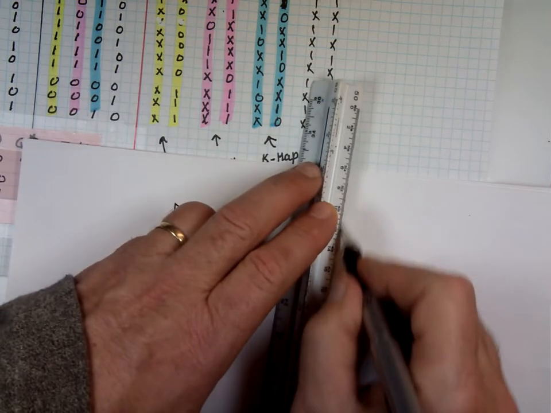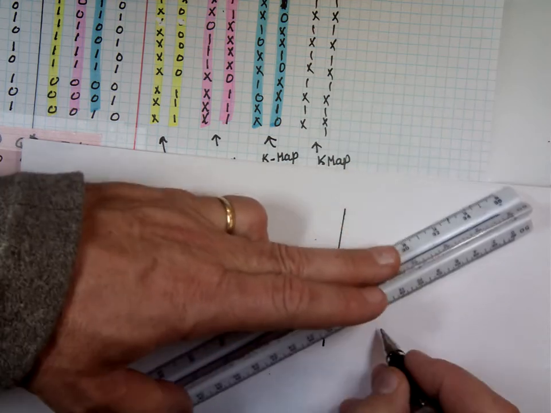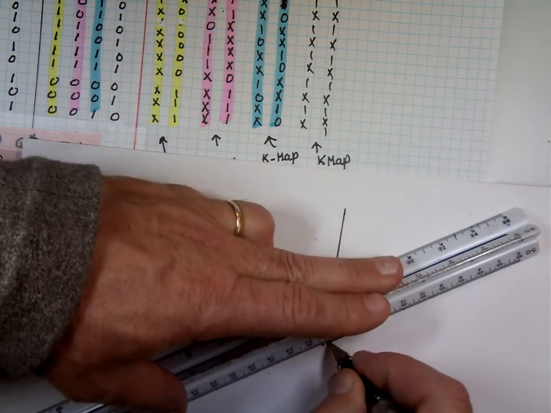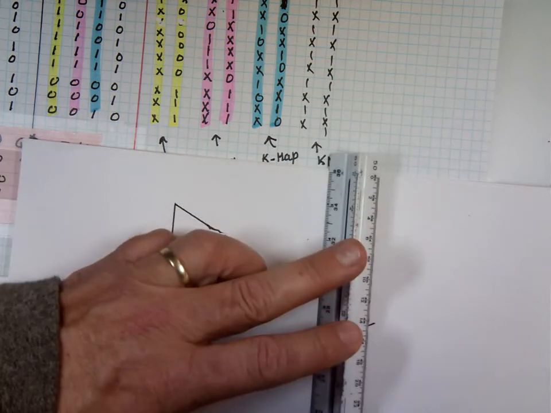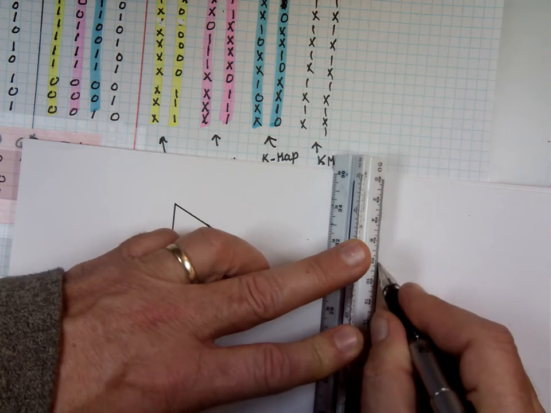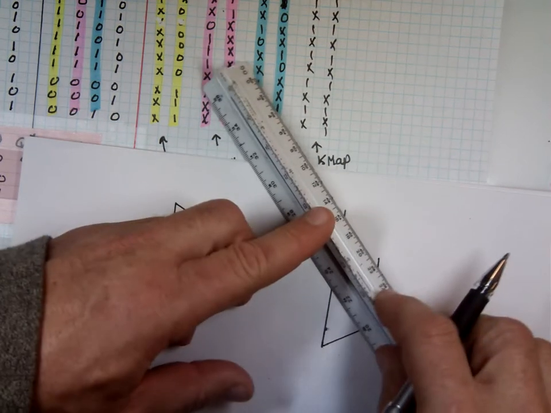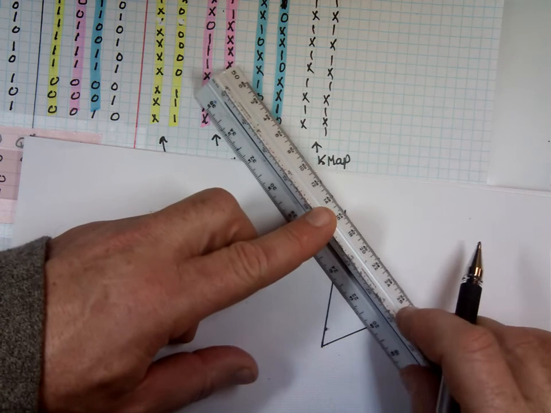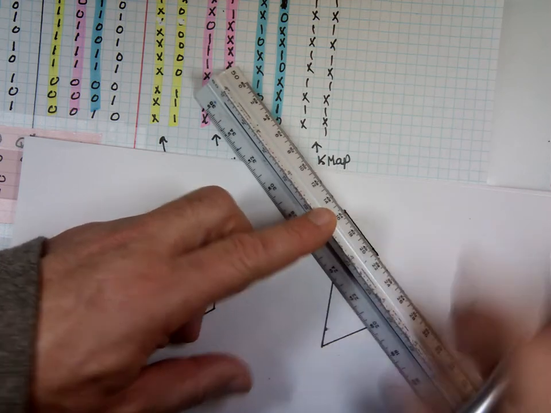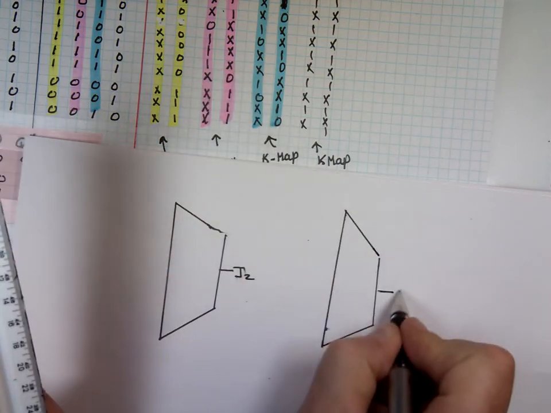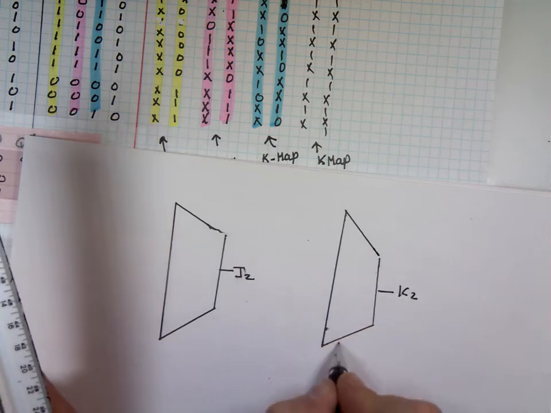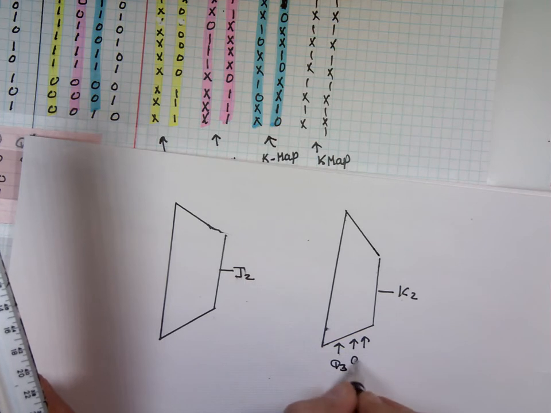Since it's 8 by 1, how many control signals, select signals, should you have? 3. And if you use the most significant ones, it makes it a little bit easier on you. So for select signals, I'm going to use the most significant, Q3, Q2, Q1.